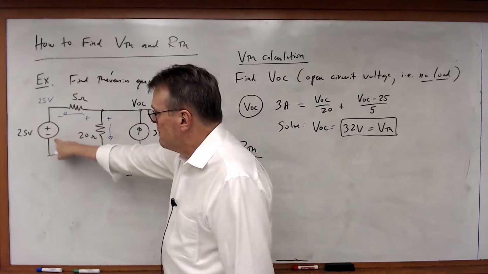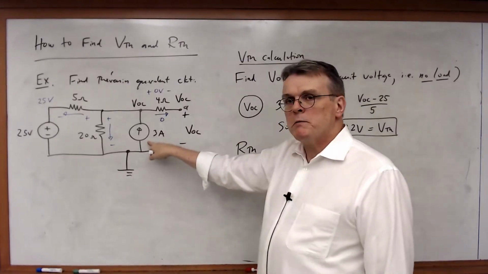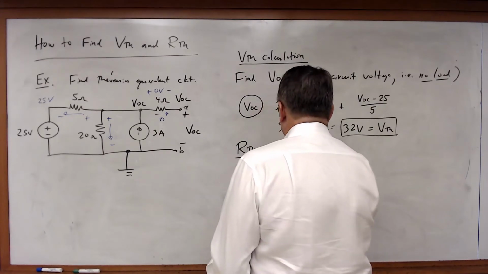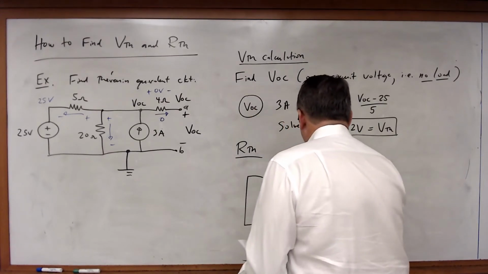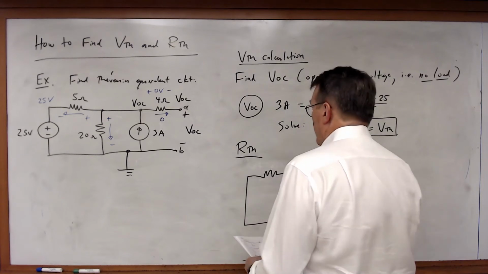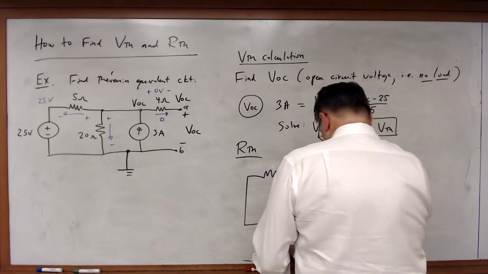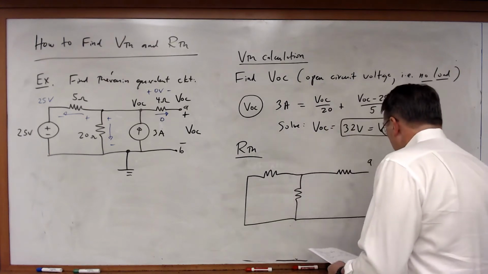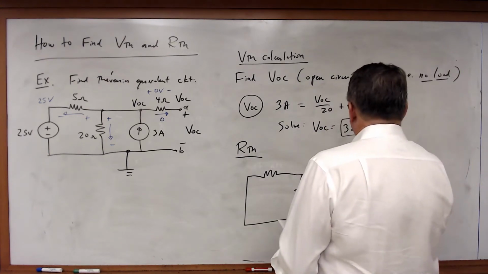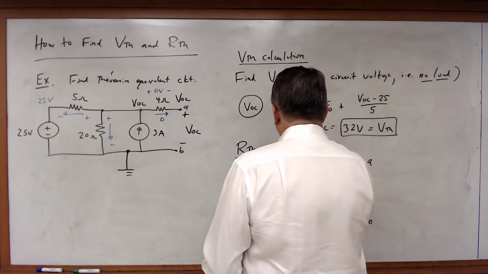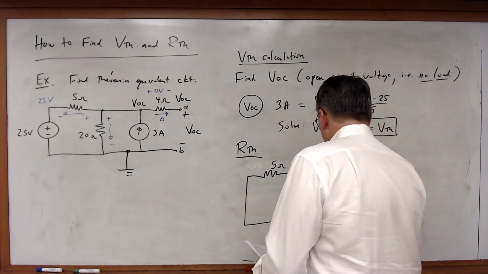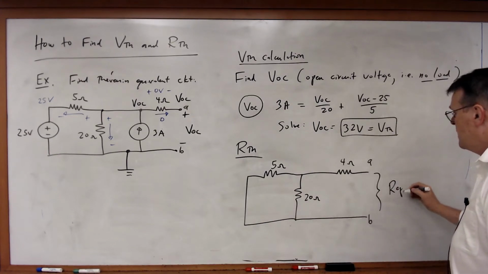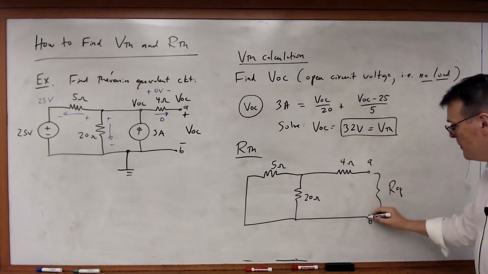That voltage source becomes a wire, that current source becomes an open circuit, and I wind up with this circuit. Now I need to know what the equivalent resistance is between the A and the B terminals.